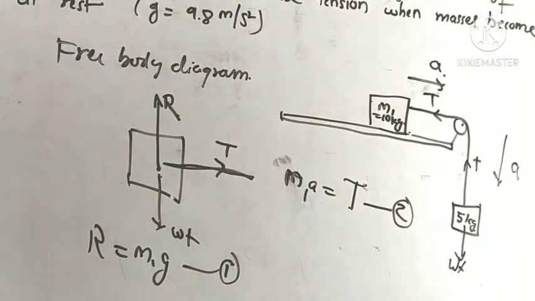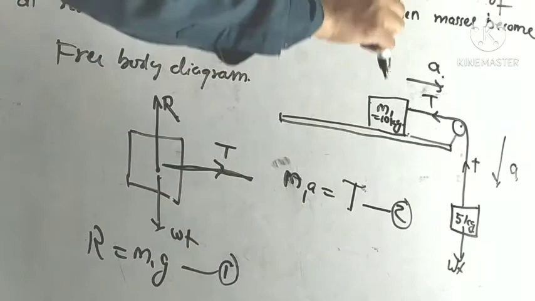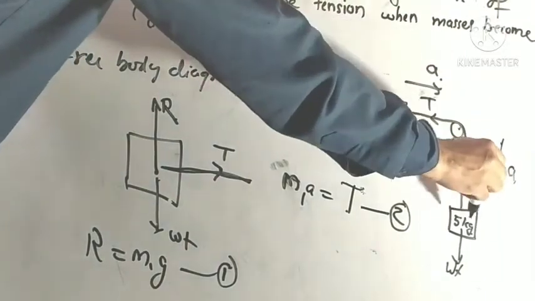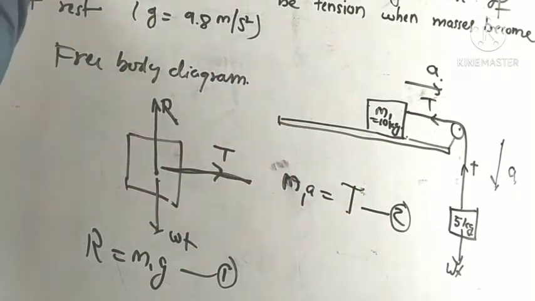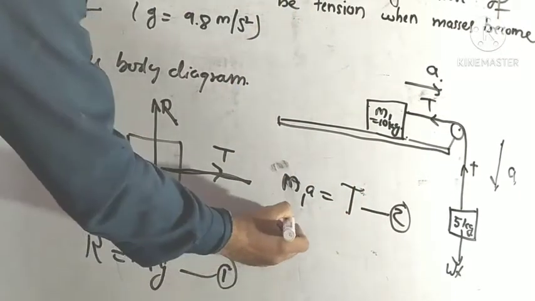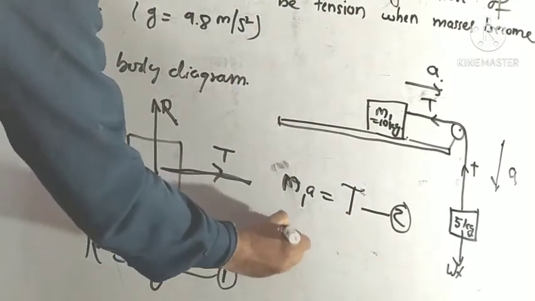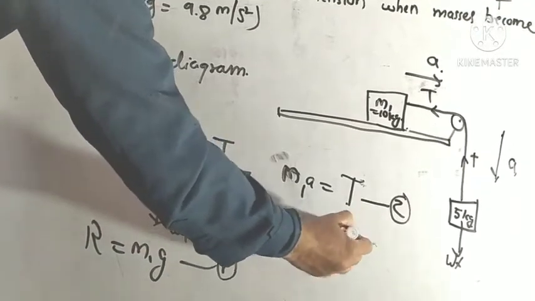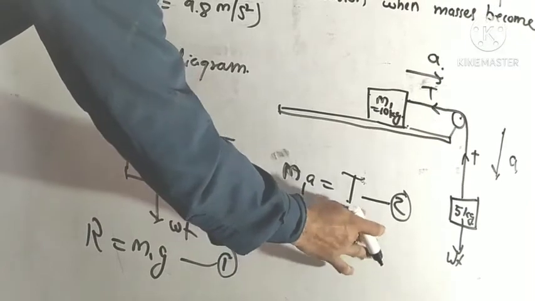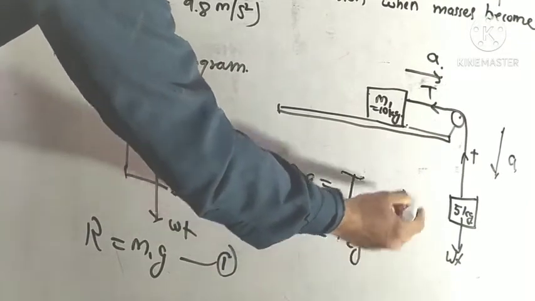But this body will move downward with acceleration a, so the net force on this body is m2a is equal to m2g minus T.